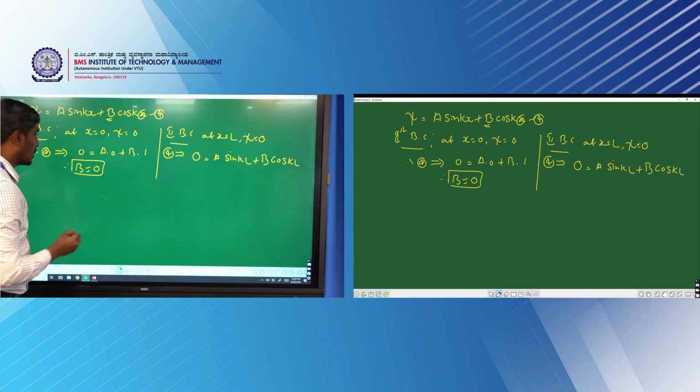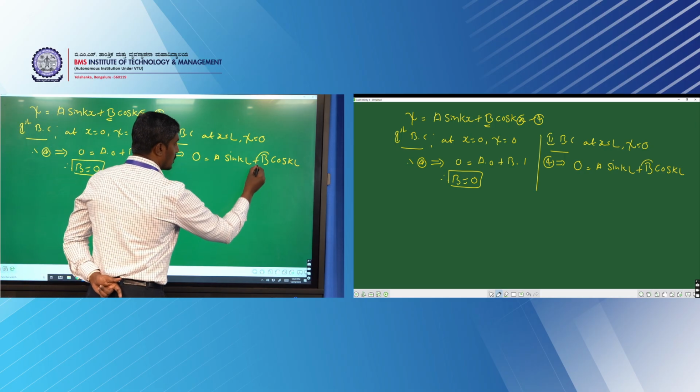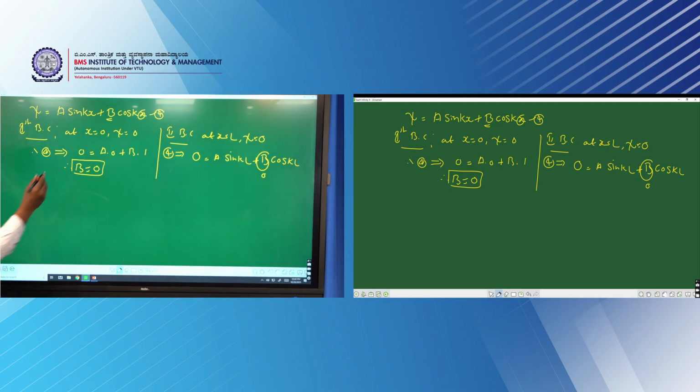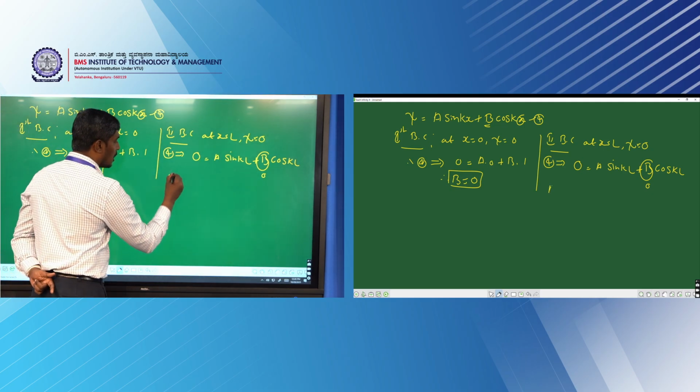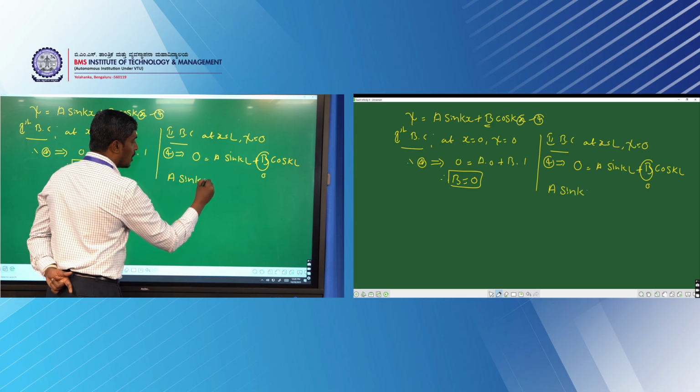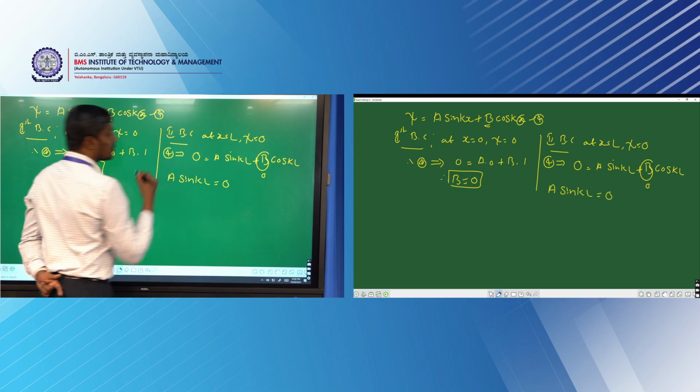Fine. But see, already this B is equal to 0, no? We have found that here. So therefore what does this imply? A sin KL is equal to 0.